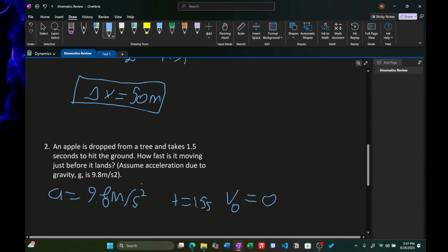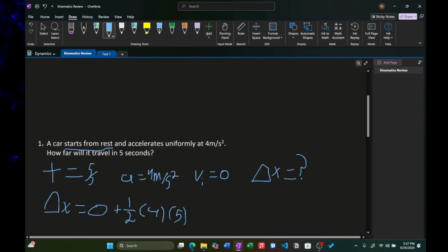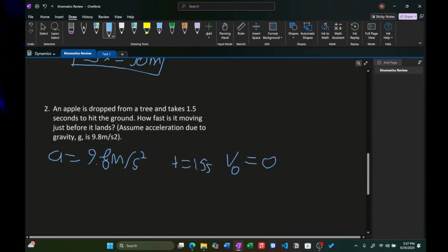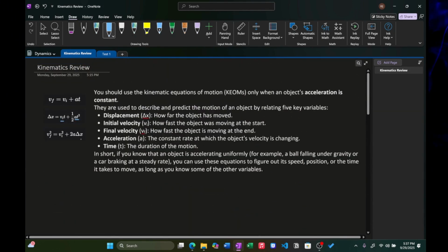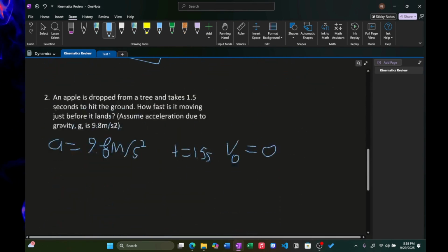That makes no sense otherwise. So let's see if we can pick which equation we need to use. Keep in mind that we are looking for how fast it is moving just before it lands, so we're looking at the final velocity equations. We have an initial velocity, an acceleration, and a time, so I think we're going to use this equation right here.